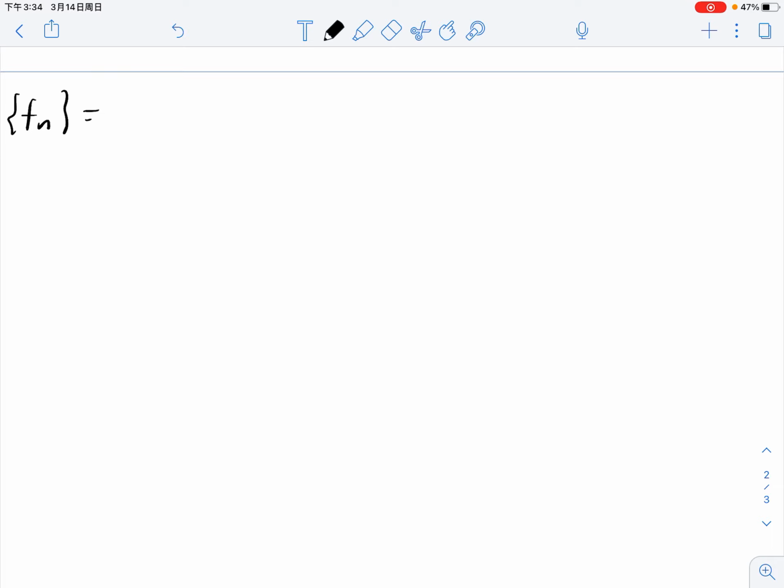The sequence is given by: the first one is 0 and the second one is 1. The third one is the summation of the previous two, so it's 1. The fourth one, F3, is the summation of F1 and F2, so it's 2. Then you have 3, 5, 8, 13.